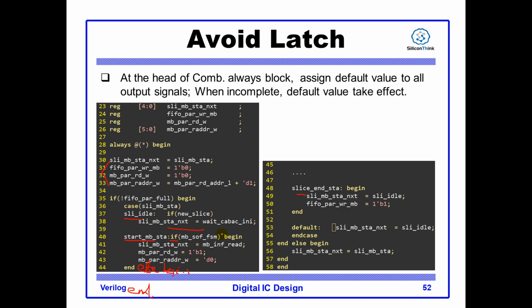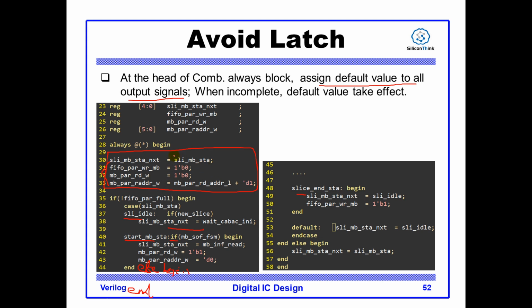How to avoid this? Verilog gives you a simple way to deal with it. You just give a default value to all the output signals at the head of the combinational logic always block. This is the default value for all the output signals this always block will generate.